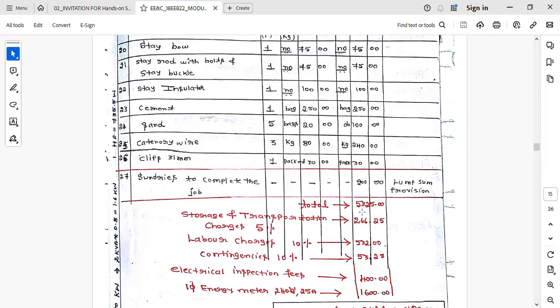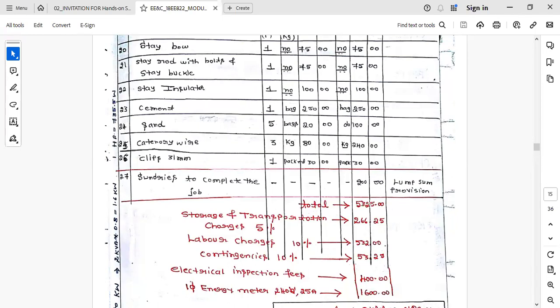We need to add immediately 5325 plus 266, total how much, I will do 5325 plus 266, 5591 into 10%, 10 divided by 100, we are going to get 559. Otherwise, you need to take down 5325, sorry, 5325 and take 10%, and now you are going to get exactly 532.